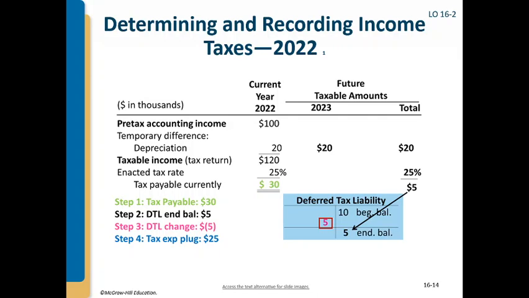So here you're having to decrease your deferred tax liability account, and so you're actually going to enter a debit for deferred tax liability of $5,000.